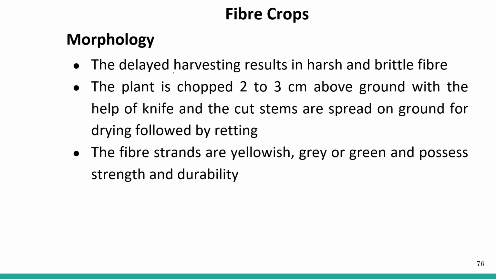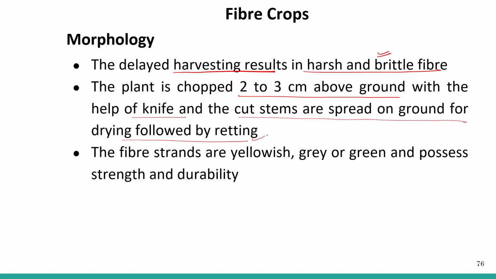Delayed harvesting results in harsh and brittle fiber. So early harvesting and delayed harvesting are not good to obtain this particular fiber. The plant is chopped 2 to 3 centimeters above the ground with the help of a knife, and the cut stems are spread on the ground for drying, followed by retting.